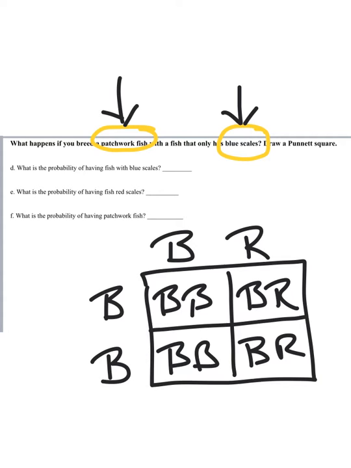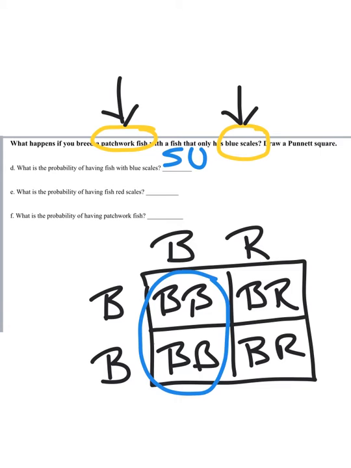This is why that first part is so incredibly important, because to have a blue fish, you have to have this genotype right here. And so if we look at all four boxes, what percentage of those boxes shows blue fish? And that would be 50%.